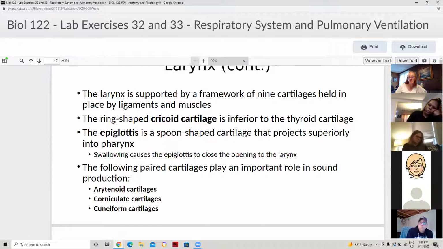That's a typo right there, trachea. The following paired cartilages play an important role in sound production: the arytenoid cartilages, the corniculate cartilages, and the cuneiform cartilages.